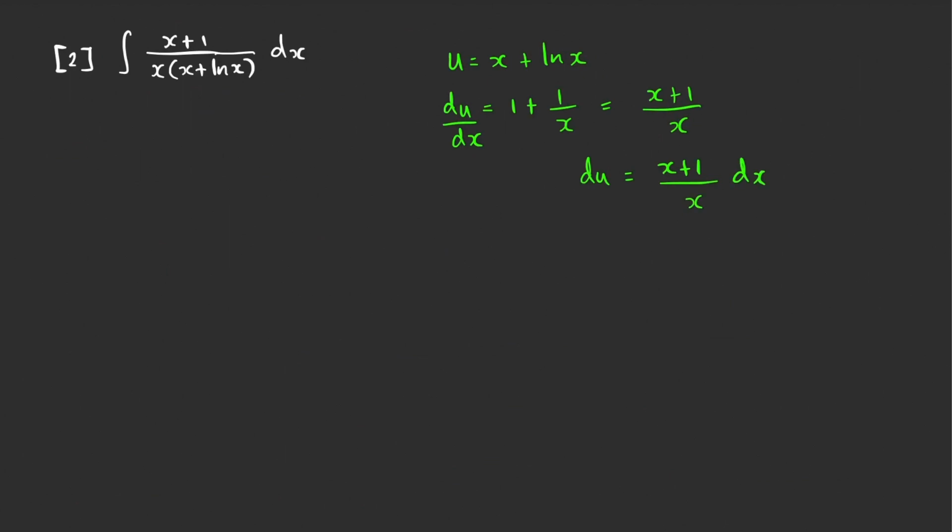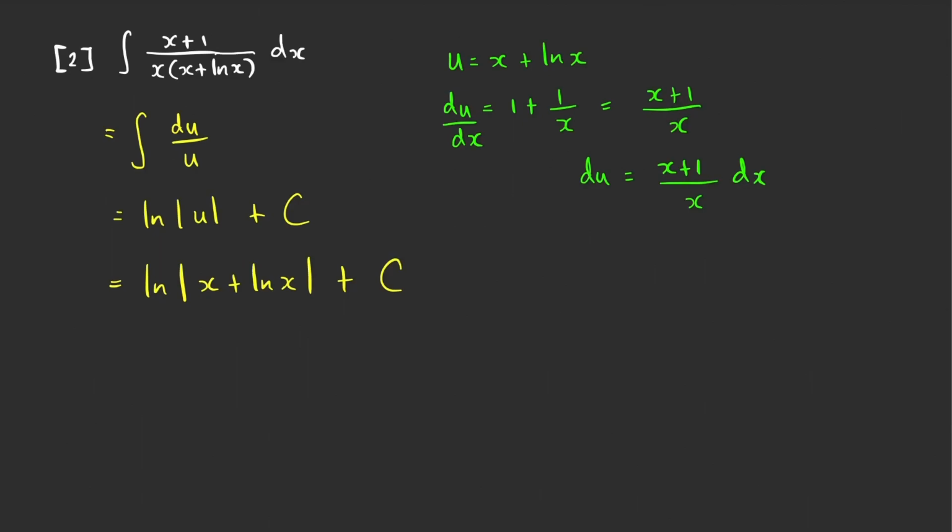By substitution, we can write this integral as the integral of du over u. And it's very simple. This is just ln of the absolute value of u plus an arbitrary constant c, which is equal to ln of the absolute value of x plus ln x, plus c.